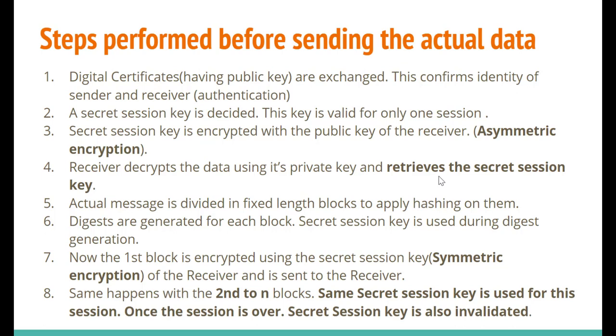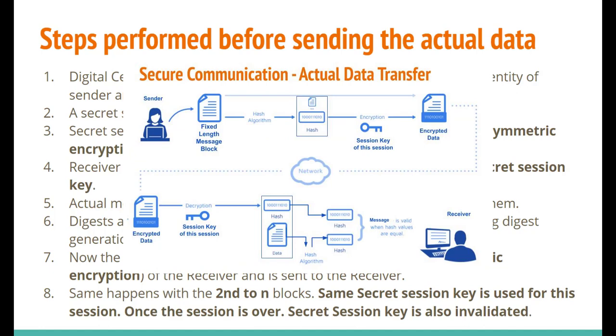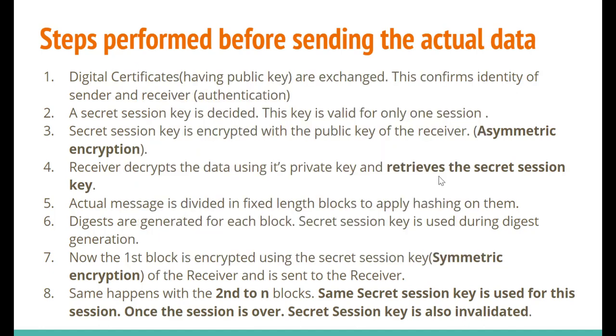After this step, when the hashing is performed, the hash values, that means the digests, are encrypted using the secret session key. Here comes the symmetric encryption, right? So in a secure communication, both the asymmetric encryption and the symmetric encryption take place, right?